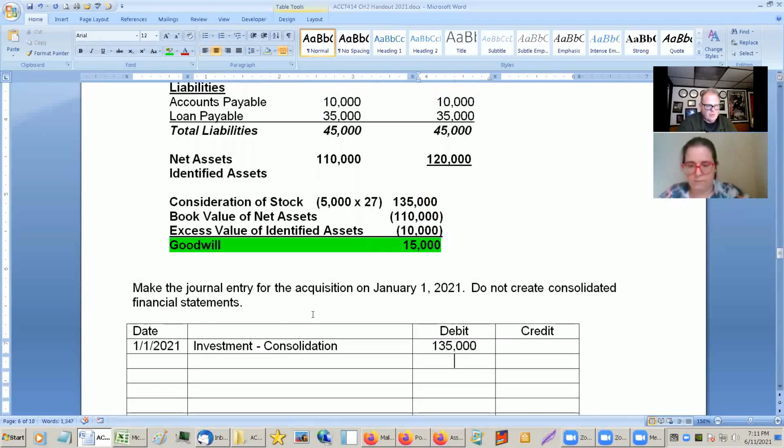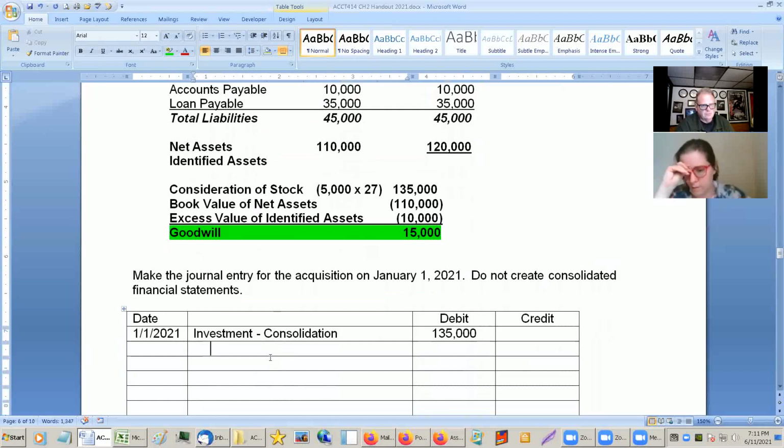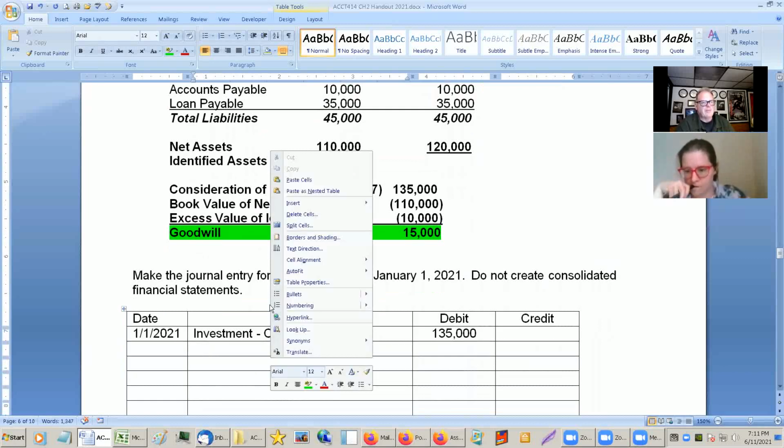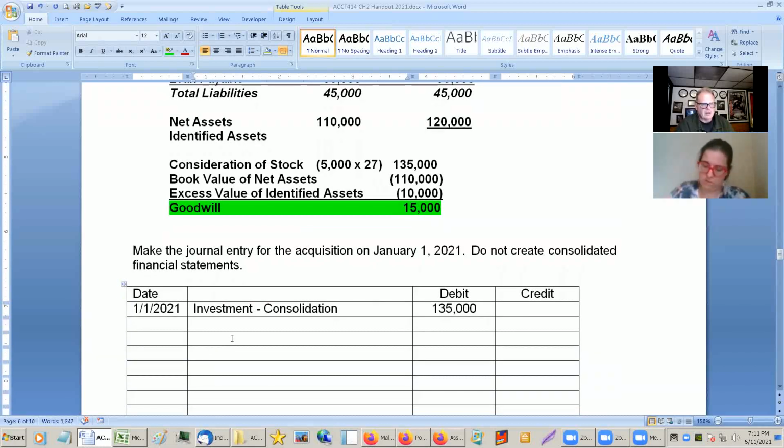And we've got the accounts that we have to debit. The registration fees, I'm going to do those separately. Okay, we'll do it separately. The idea will be exactly the same.